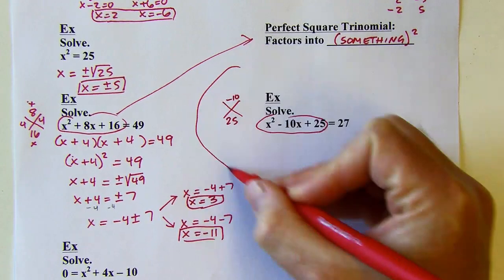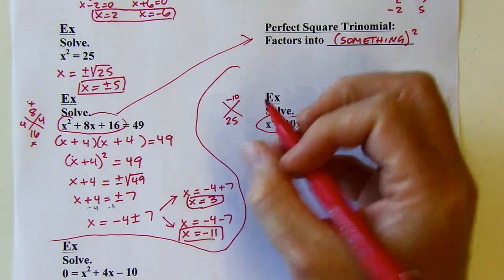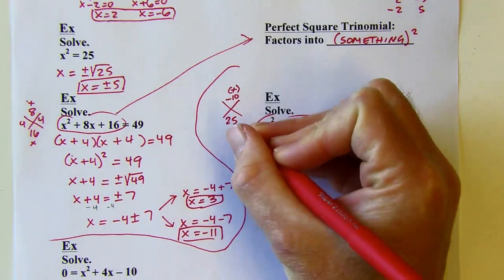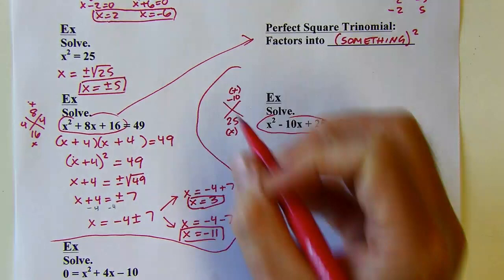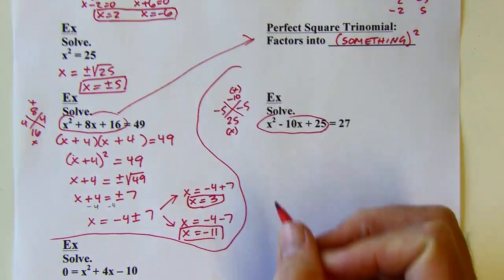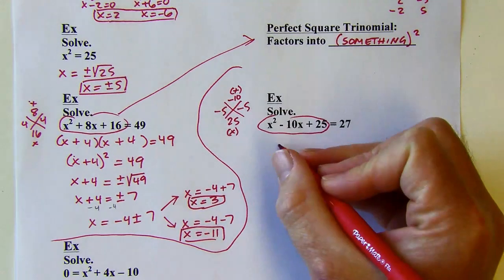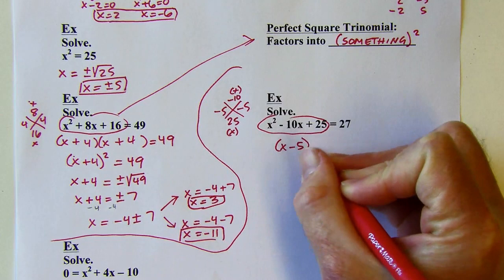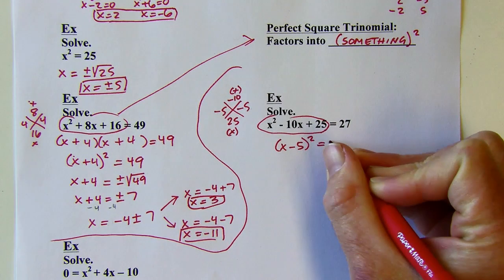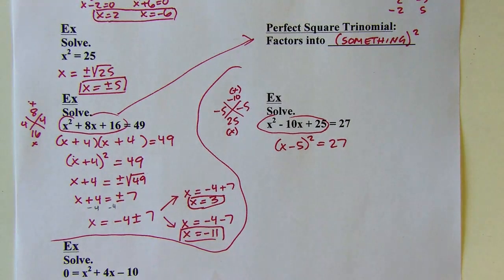Here, let me separate this here. So adding to get negative 10, same two numbers, multiplying to get 25. Well, it's going to be double negative 5. So I could write it as x minus 5 times x minus 5, but I'm just going to write it as that squared because that's kind of the key with these completing the square problems, okay?